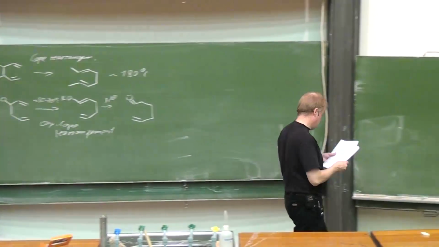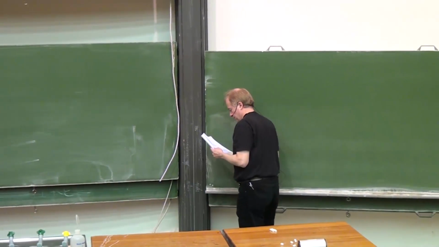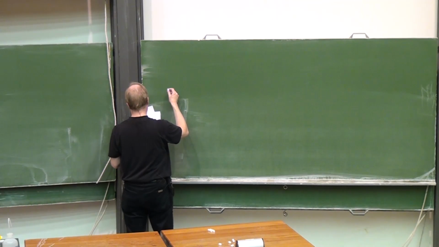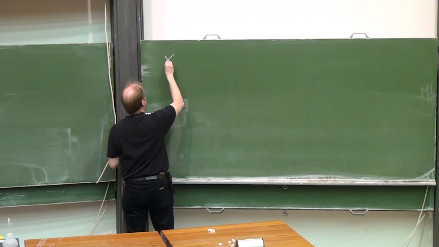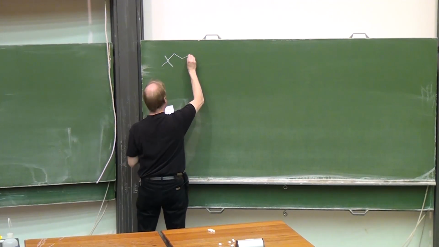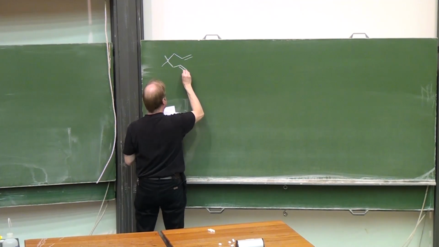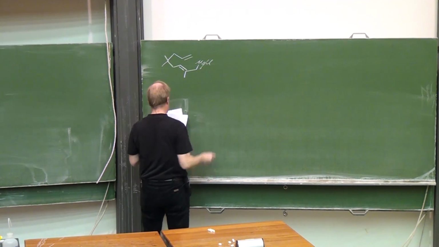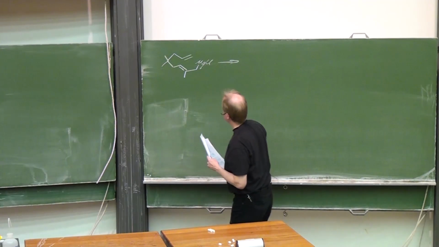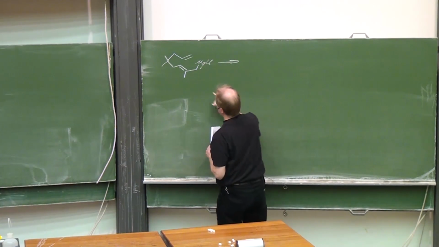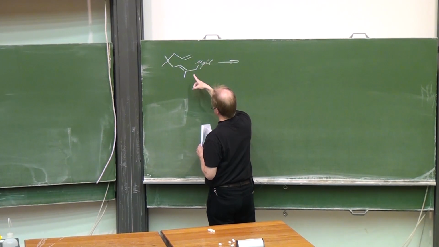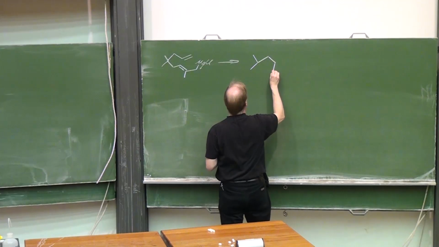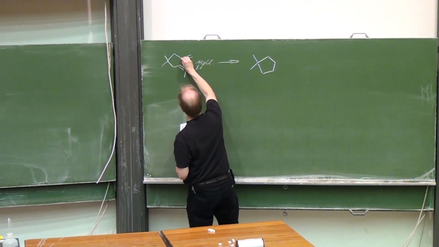But back to the magnesium-Ene reaction. Some examples. So, what would be the result of that? Here, the six-membered transition state, ring closure reaction from this carbon to that one.